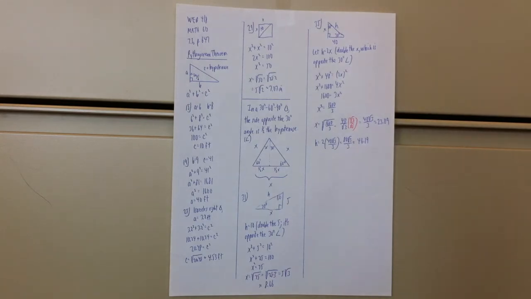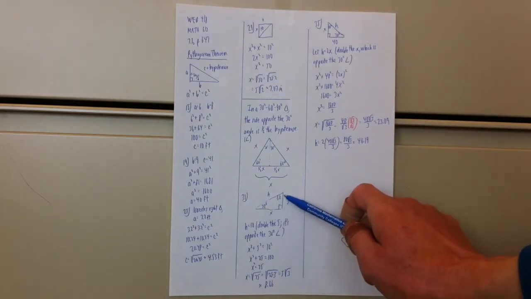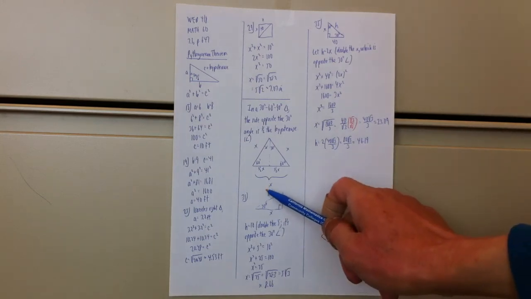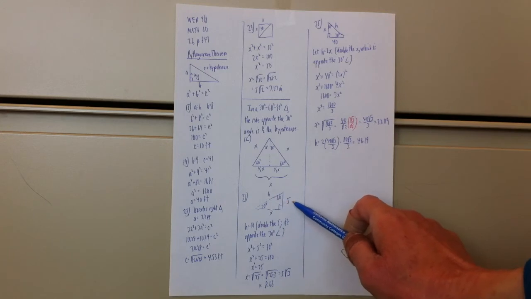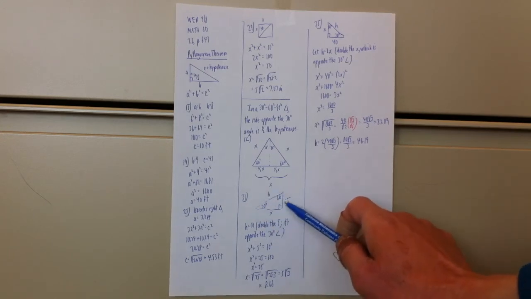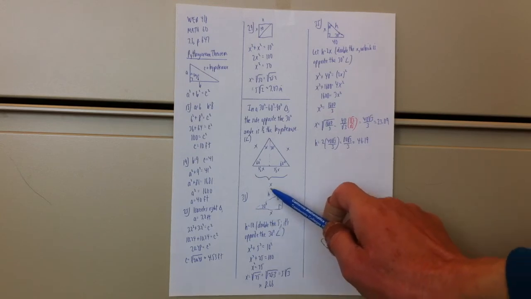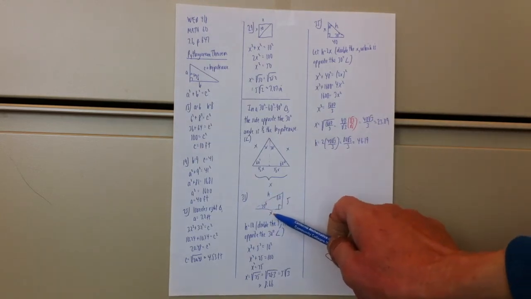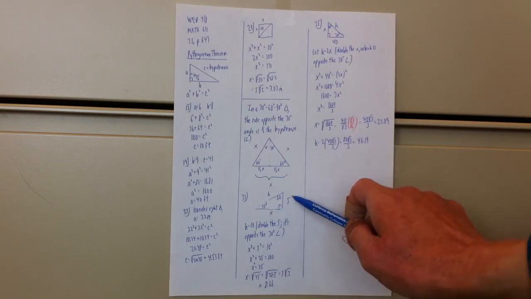So for 31, you're given this picture, 30 degrees, 60 degrees, x, 5, and h. Well, h is automatically 10 because it's double the 5. The side opposite the 30-degree angle is half the hypotenuse. So if the side opposite the 30-degree angle is 5, that makes the hypotenuse 10. And now I can just use the Pythagorean theorem to figure out x. That's 5, that's 10.